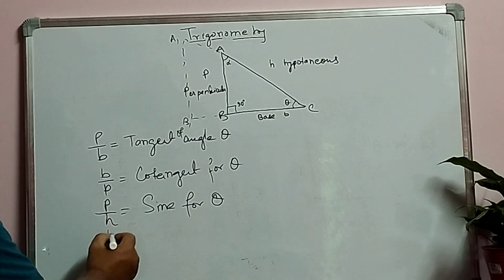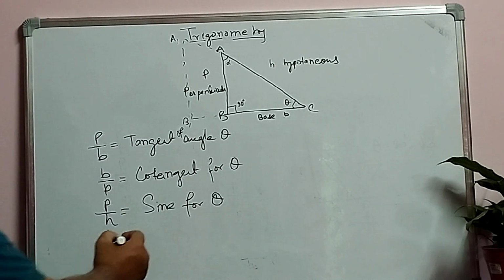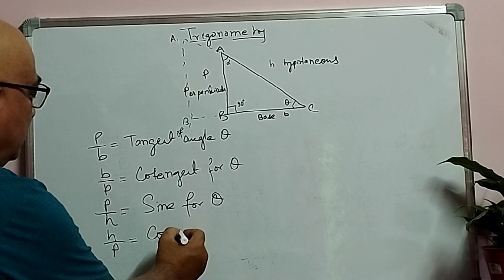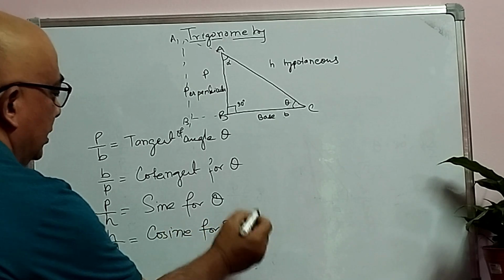Similarly, H by P, or the ratio of hypotenuse to perpendicular, is cosecant for theta.